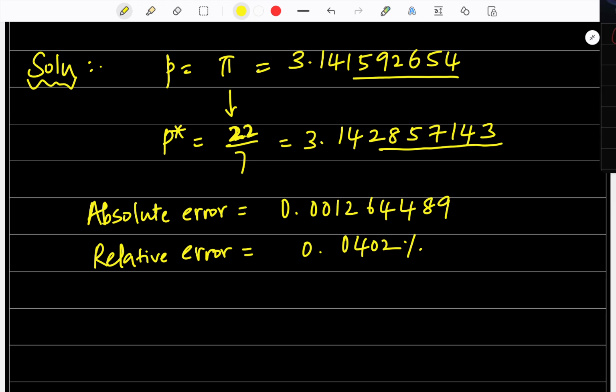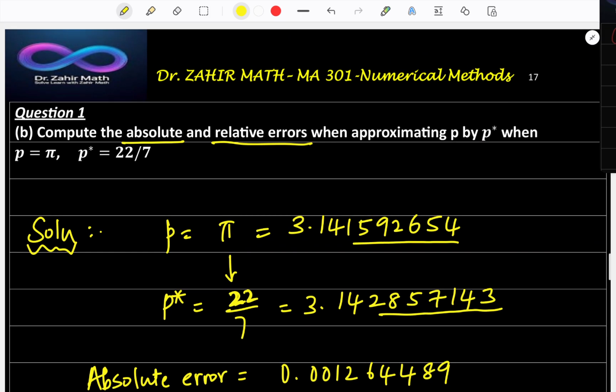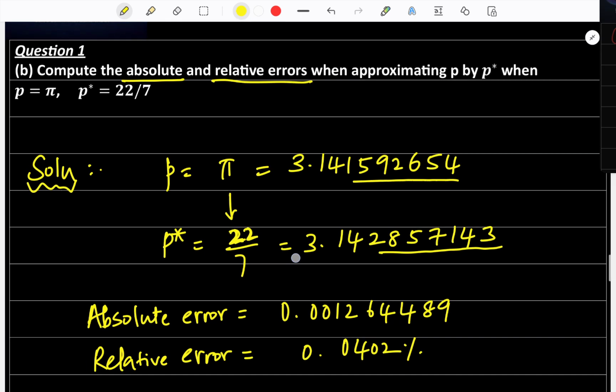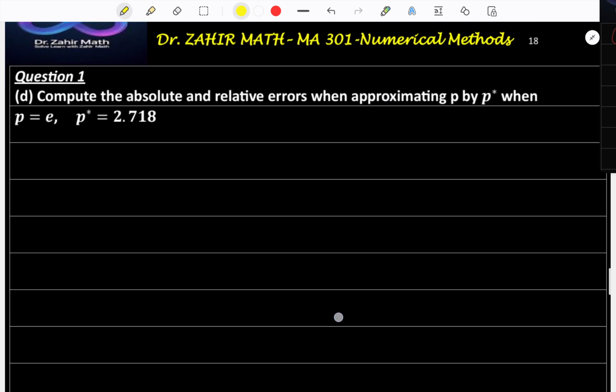In fraction mode, 0.0012644489 divided by 3.14159264, and multiply by 100, gives 0.0402, and 49935, something like that. I make it as 4 decimals. Usually I always give the answers in the future. Most of the time the decimal numbers are not mentioned. Usually I go with 4 decimal values.